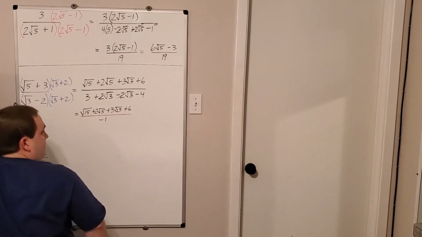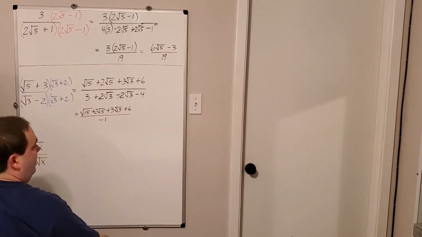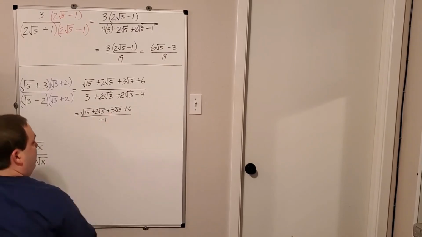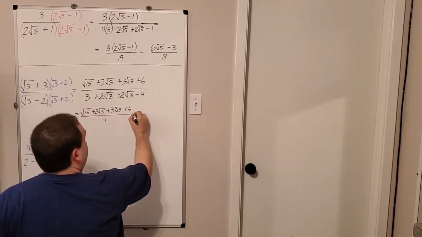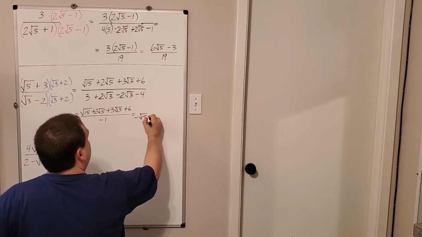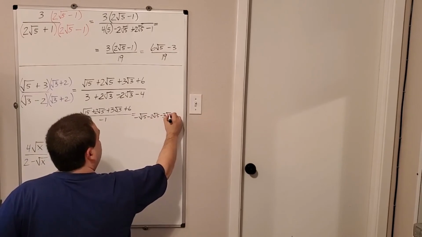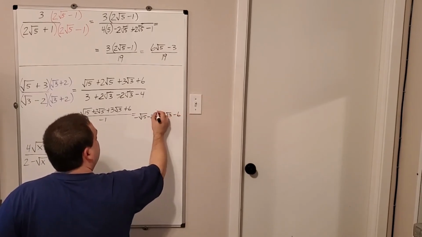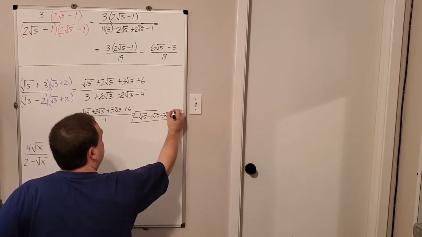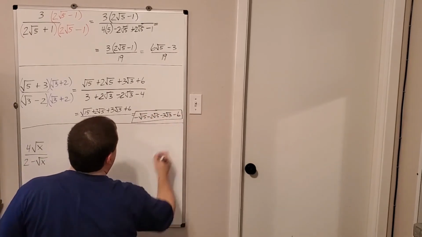And the nice thing about this is anything divided by 1, of course, is itself, and then I just need to distribute the negative. So I can actually simplify this a little bit by saying negative square root of 15 minus 2 square root of 5 minus 3 square root of 3 minus 6.